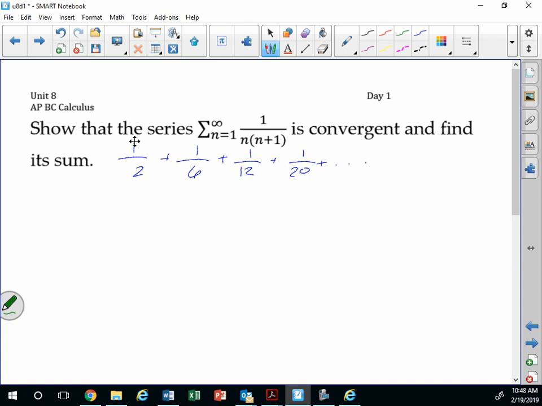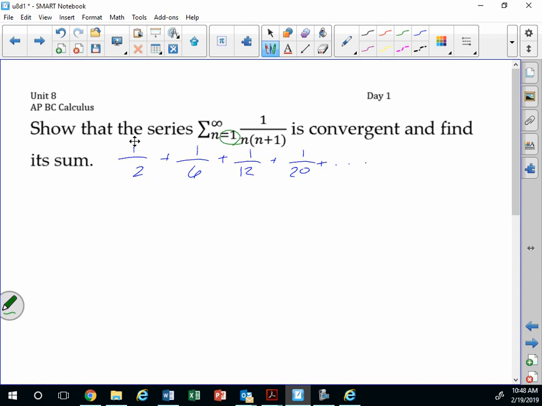Correct. The first term is literally plugging in n equals 1. So there's my series. The question is, is it convergent, and find its sum? I gave you the hint of partial fractions. I wrote it out.